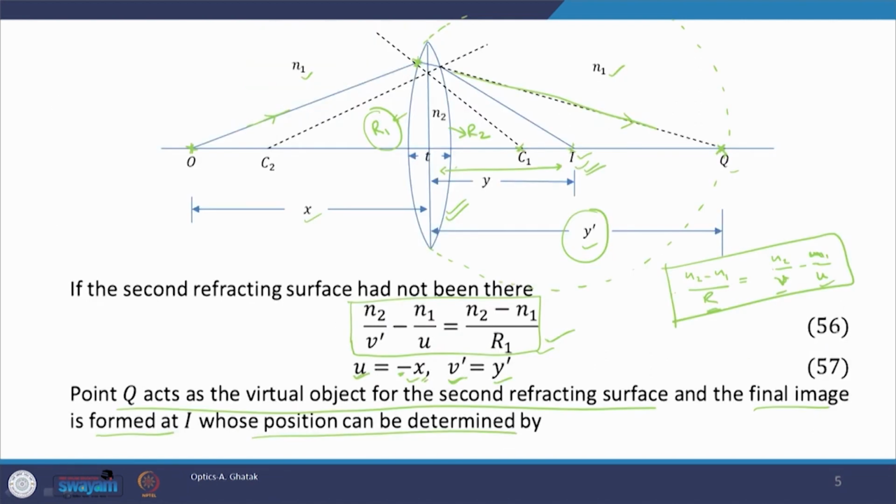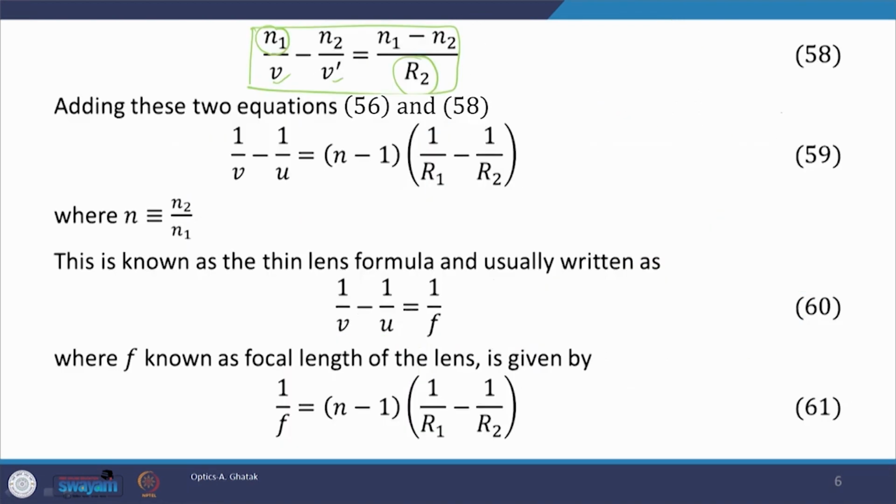Now we will add equation number 56 and 58. The addition will give this relation, where small n is given by n2 by n1. It is the ratio of n2 to n1. n2 is the refractive index of the lens material and n1 is the refractive index of the outside medium.